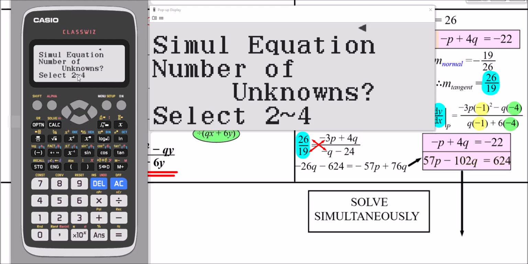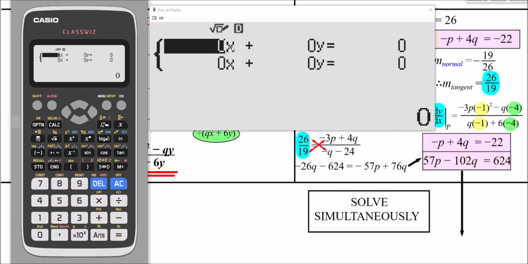Number of unknowns is 2, just p and q in our case. Now it gives it in terms of x's and y's. This doesn't matter, it's entirely arbitrary as long as we're consistent. My suggestion is we think of the x here as being p and think of the y as being q.